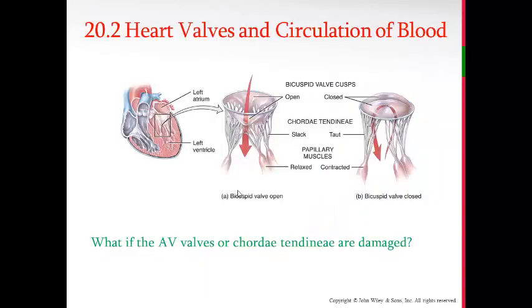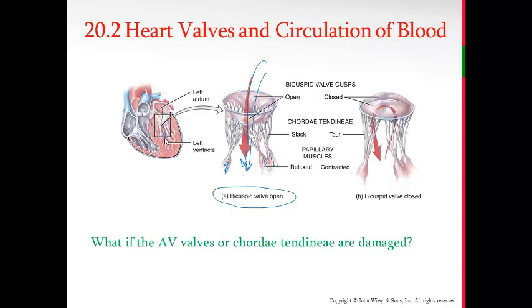So how the blood flows through these valves, for instance, when using our bicuspid valve as an example: when your papillary muscles are relaxed, then these chordae tendineae, the heartstrings, are relaxed too. As a result, the valves are open. Then the blood can flow through from the atria to the ventricle.